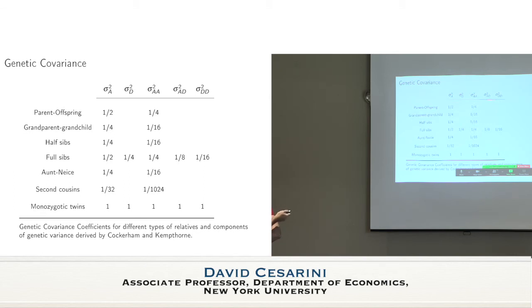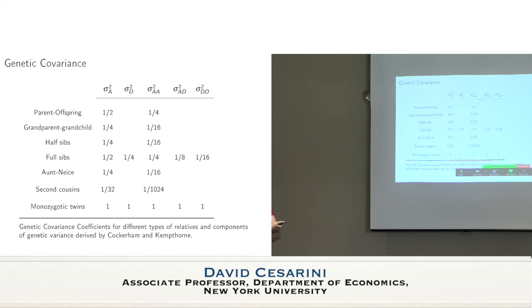So here I'm just showing some numbers from the textbook. Each number here is the covariance between parent and offspring for the additive genetic effect. This would be the two-way interaction, the epistatic effect between additive effects of different loci, and so on. You can keep going with the three-way and four-way interactions, and you can get some numbers.